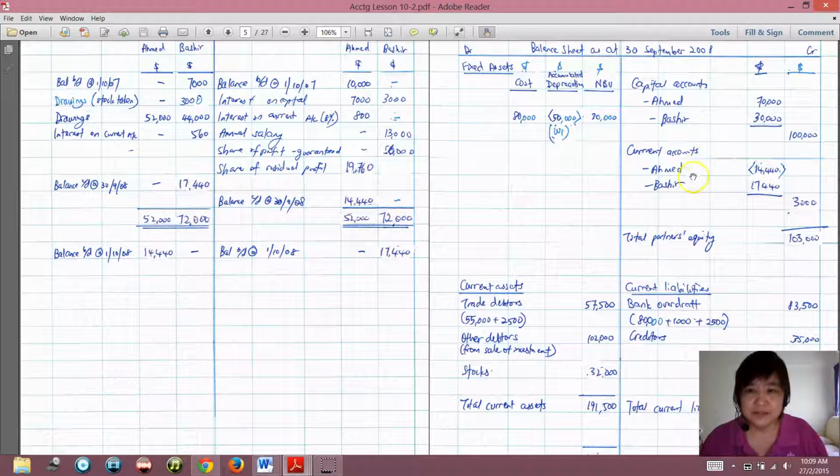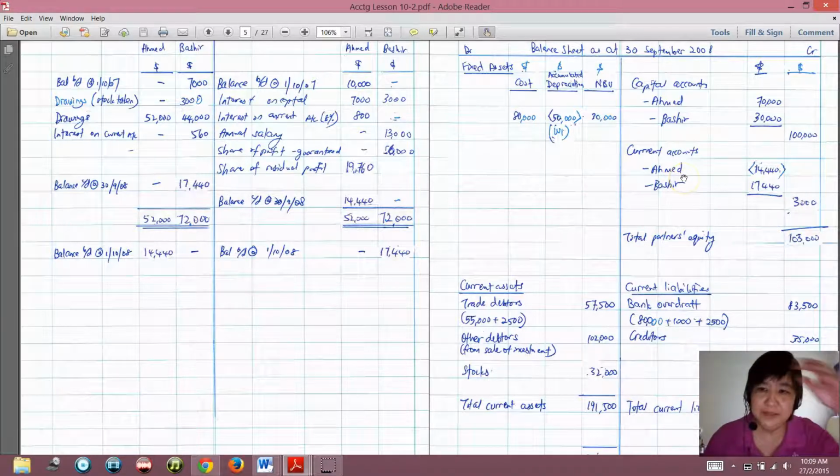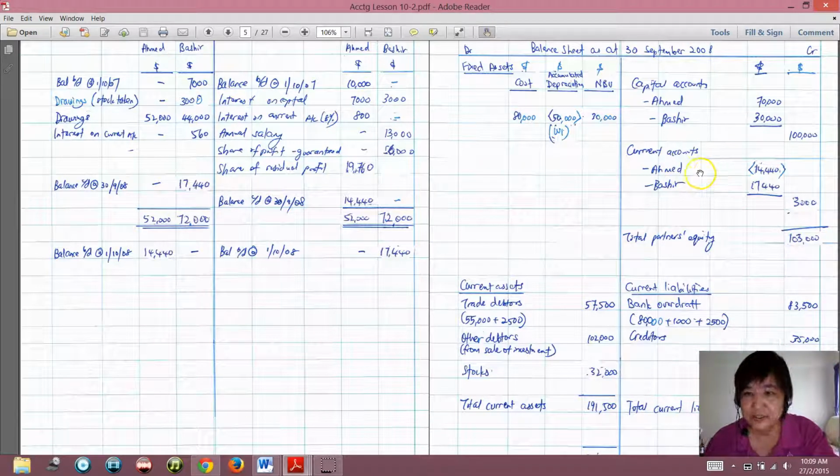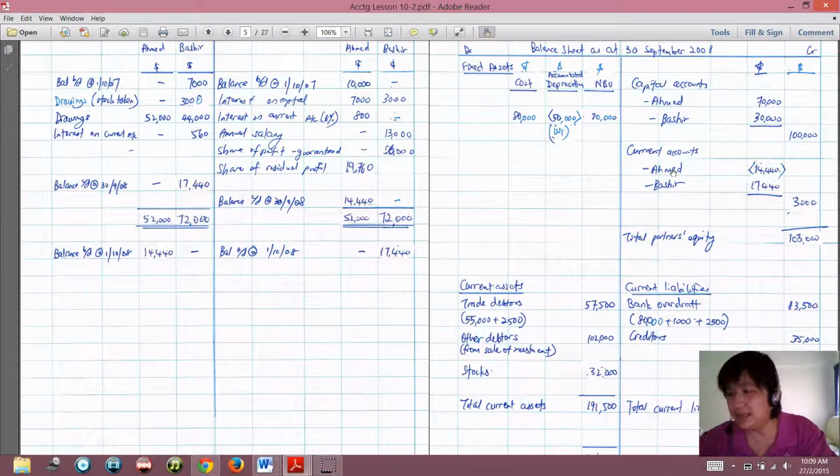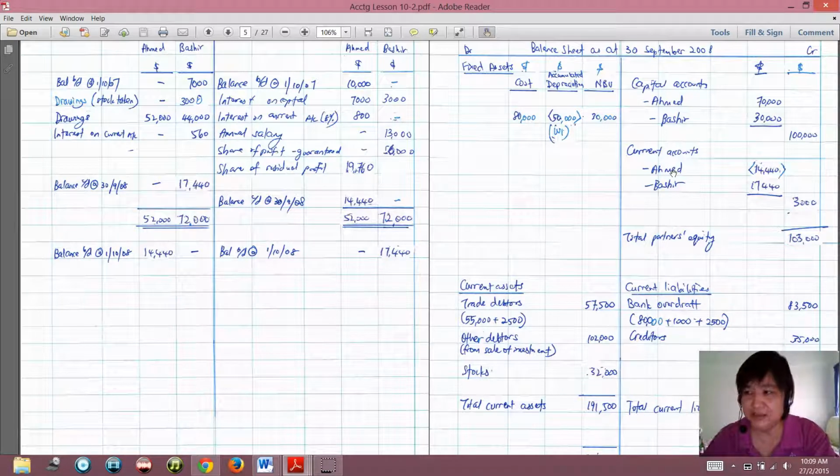Then all those, like the salary that is supposed to be paid to the partner, or the partner's drawings and the partner's share of profit, all these things, we will put into the current account. Okay, I know in the sole trader you have a beginning capital, then add profit for the year minus drawings, then ending capital.